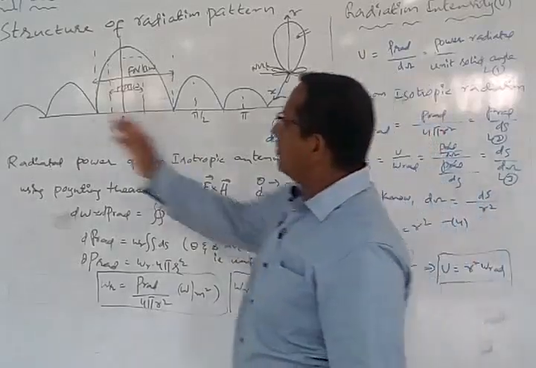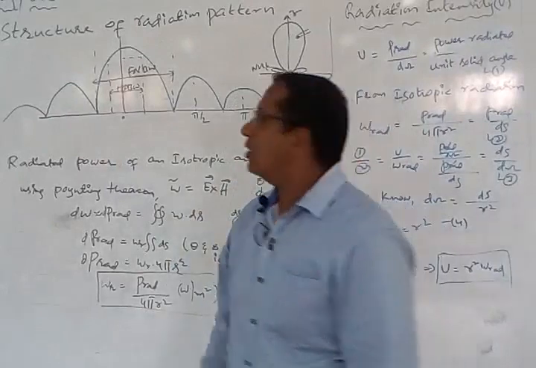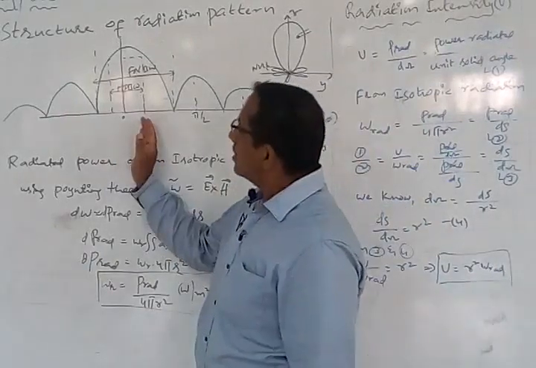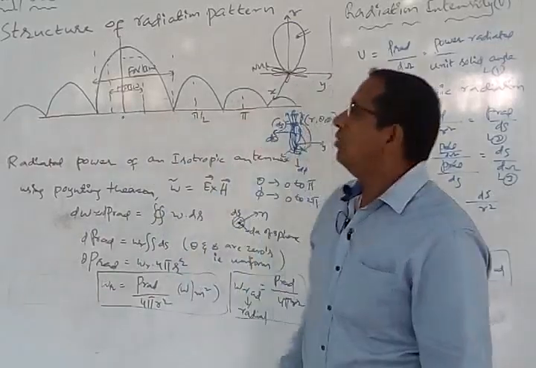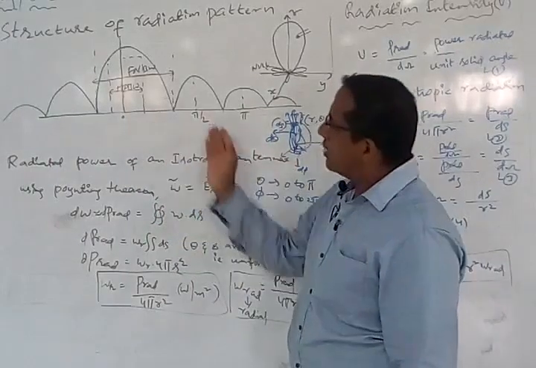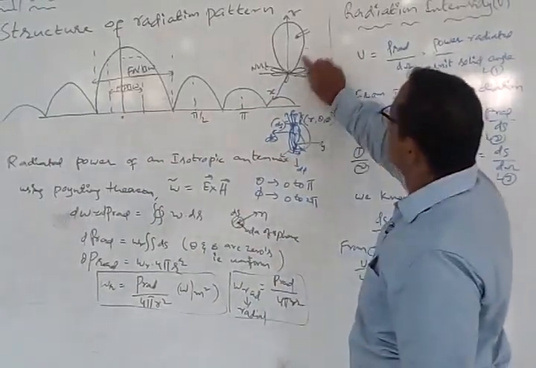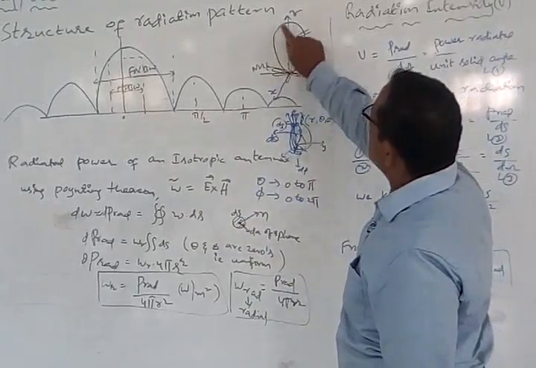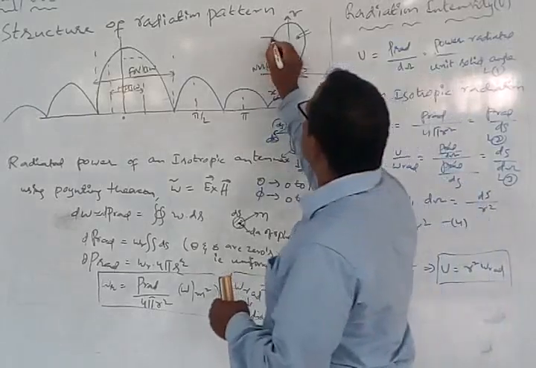Now whenever we draw or represent any structure or a spectrum, we have the negative side as well as the positive side of the spectrum. Here we consider both sides. We understood in the previous class that wherever you have the maximum directivity of the radiation pattern, that is known as the major lobe.